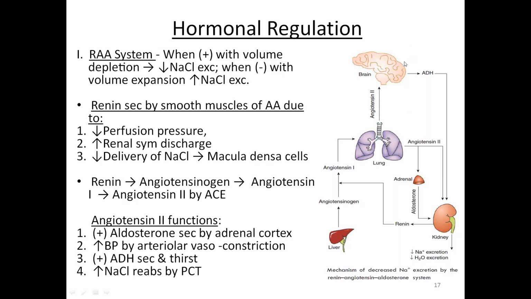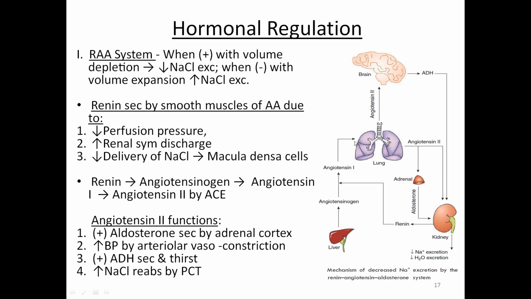Let's see what happens here. Do we know the conversion of renin into angiotensin II? Basically, angiotensinogen is produced by the liver, which is converted into angiotensin 1 by renin, secreted by the kidney.